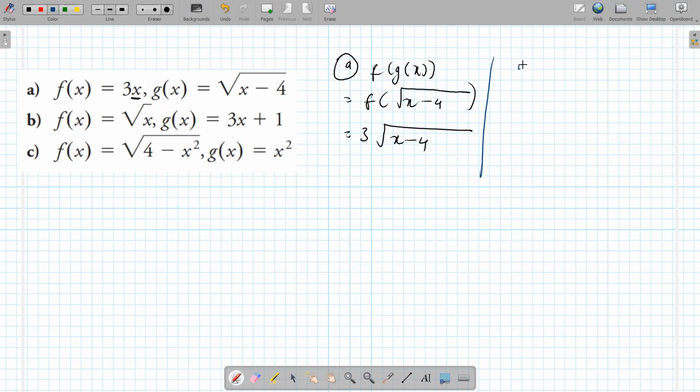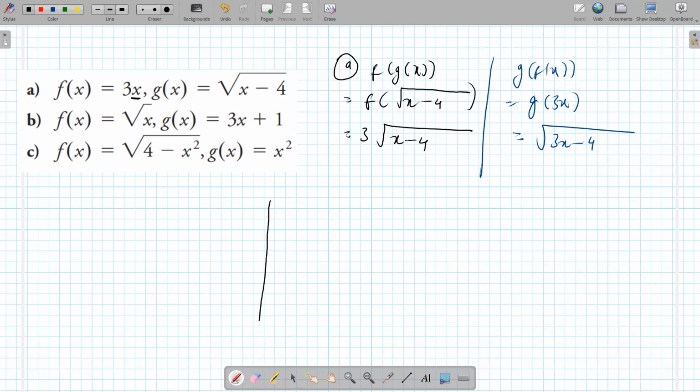What about the other way around? g of f of x. This is the same thing as g of 3x. If g of x is the square root of x minus 4, what's g of 3x? The square root of 3x minus 4. No, they're not the same functions because for one of them, 3 is on the outside, the other one, 3 is on the inside.